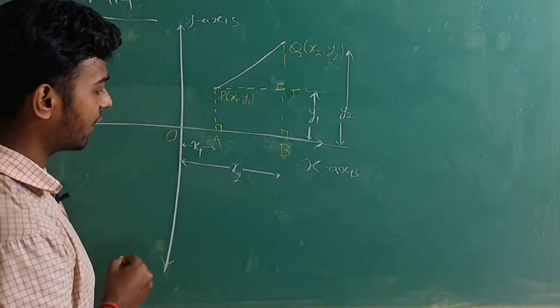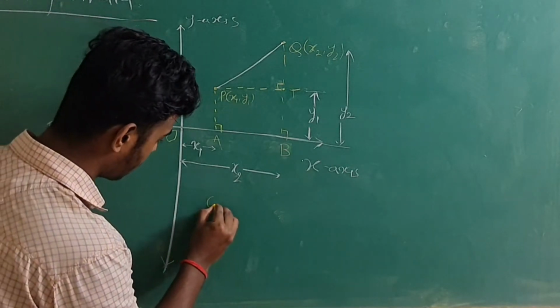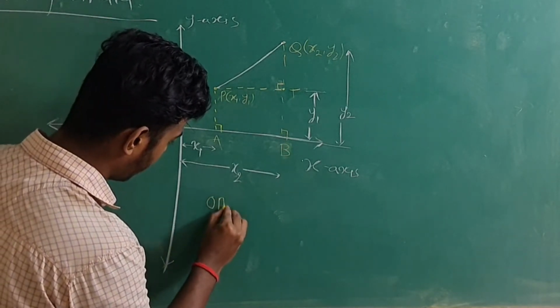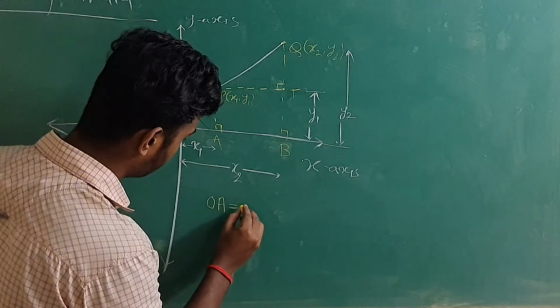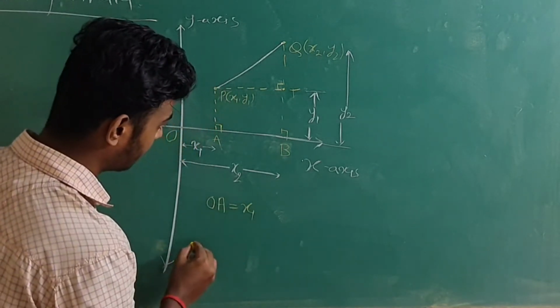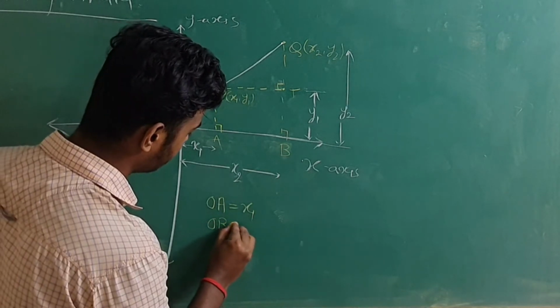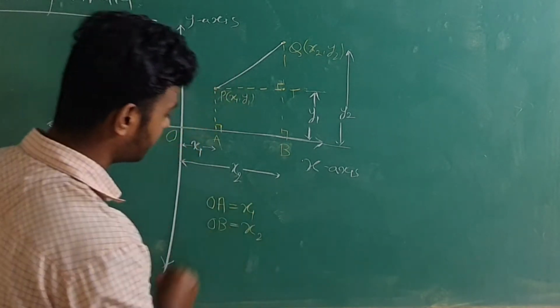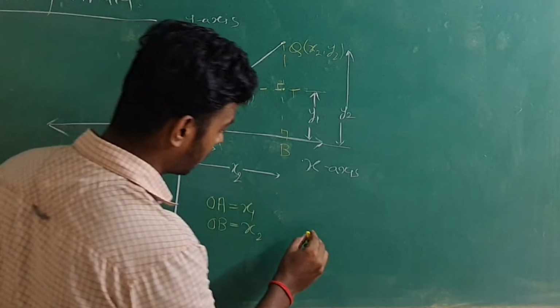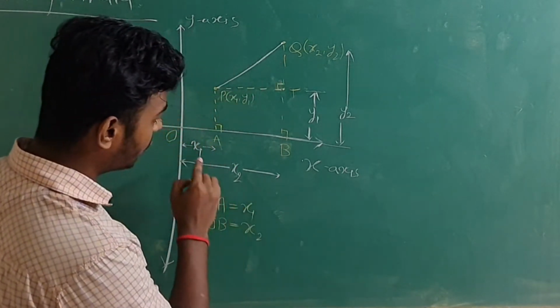Now from the diagram we can write OA is x1 and OB is x2. What about AB?